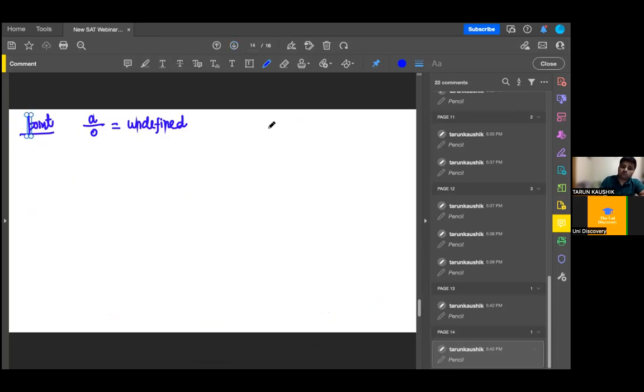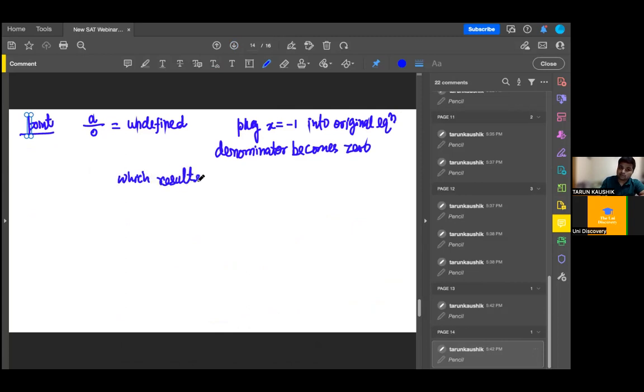So if we follow the rule and plug x equal to -1 into the original equation, then we see that the denominator becomes 0, which results in an undefined expression.